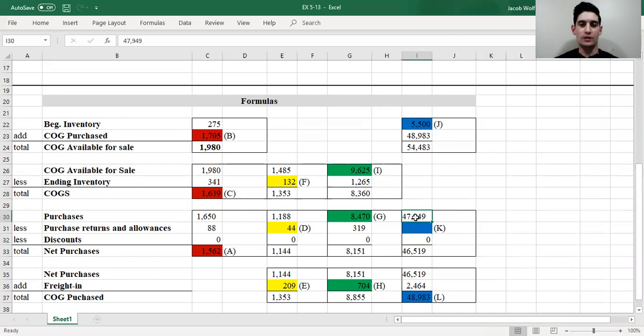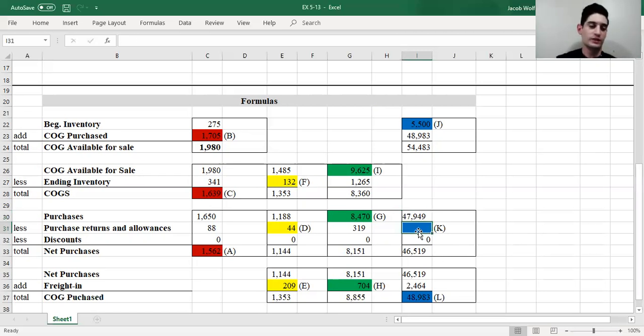Because purchases minus purchase returns and allowances equals net purchases, we take net purchases, 46,519, and subtract it from 47,949 to find that difference.